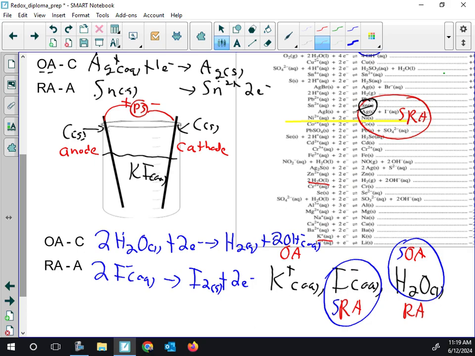And so our chemistry tells us at our cathode, we're going to get hydrogen gas produced. So we're going to get bubbles coming off. And if we do a litmus test, we will be able to pick up the hydroxide ions. At the anode is where you're going to get that I2 coming off, which in real life is brown, but collected again, iodine is purple.